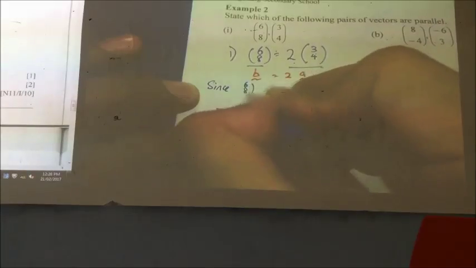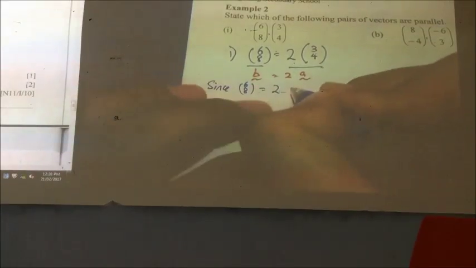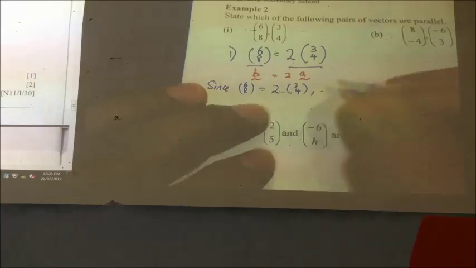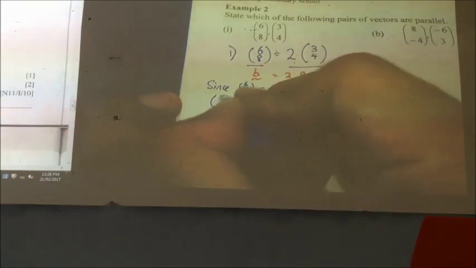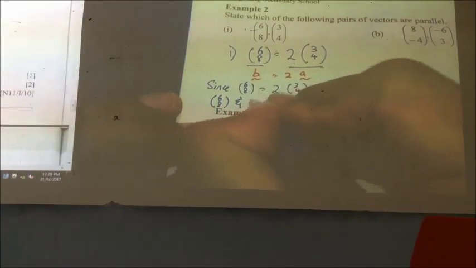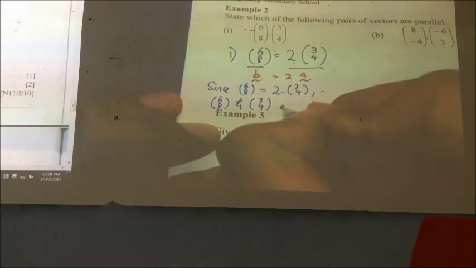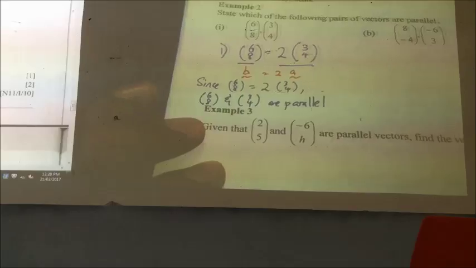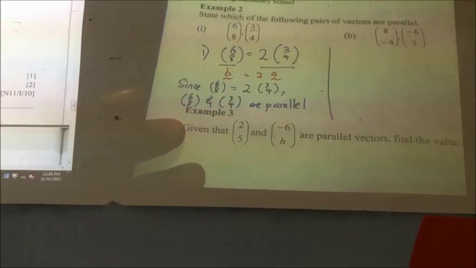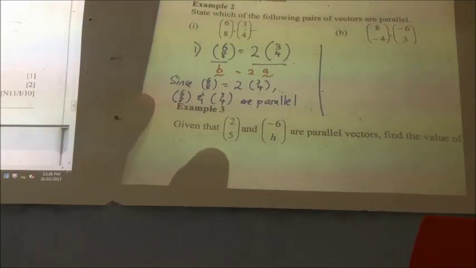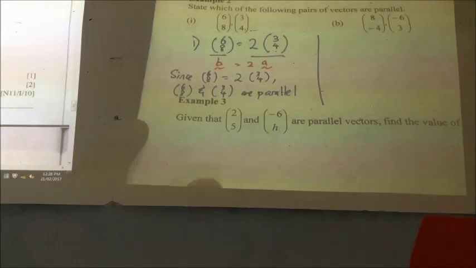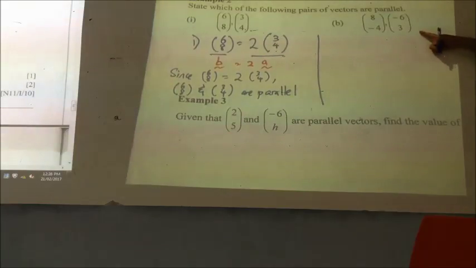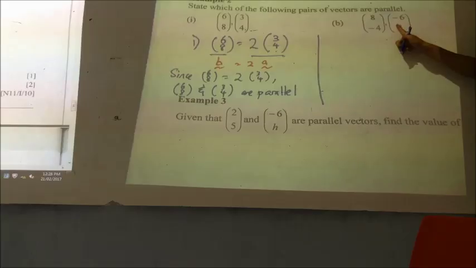Since the vector 6, 8 is equal to 2 times of 3, 4, 6, 8 and 3, 4 are parallel. I don't know whether you are copying or talking, because I hear background voice.